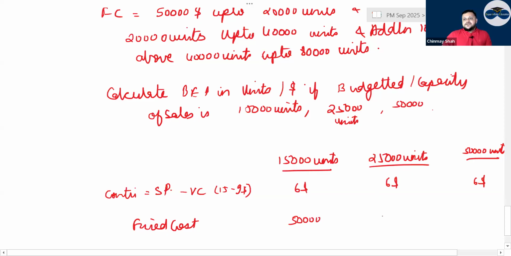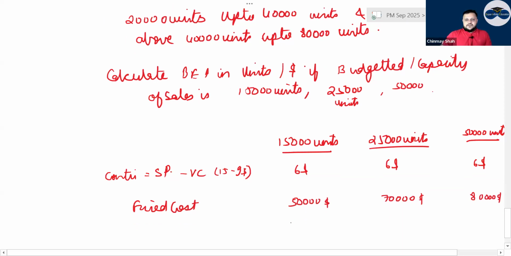Right. 25,000 units, how much is the fixed cost? 70,000. And for 50,000 units, how much? 80,000. Additional means over and above that 70, you will have more 10,000. Right? So now therefore BEP. How much is BEP? 8,333.